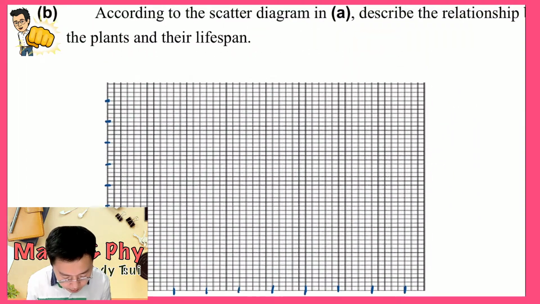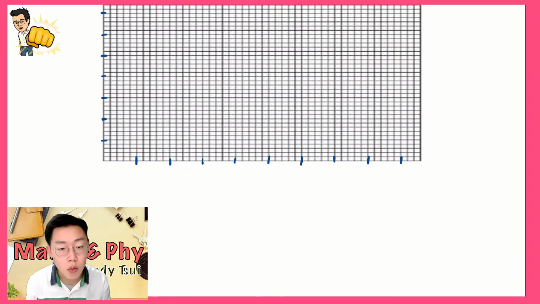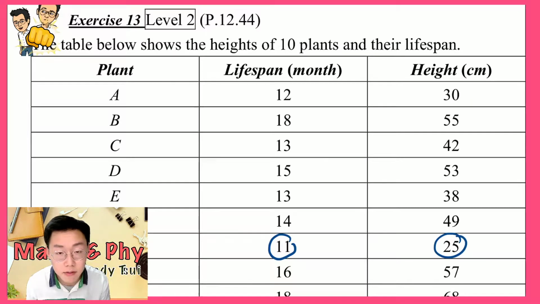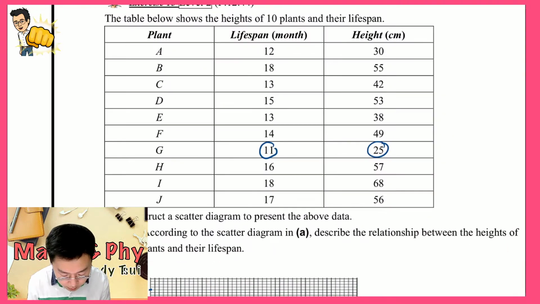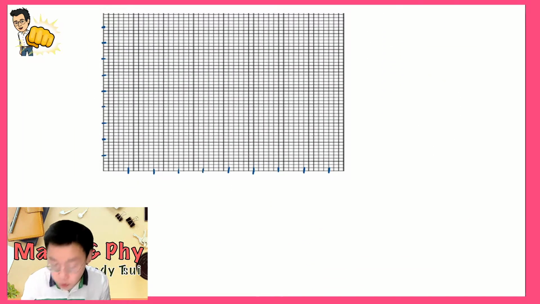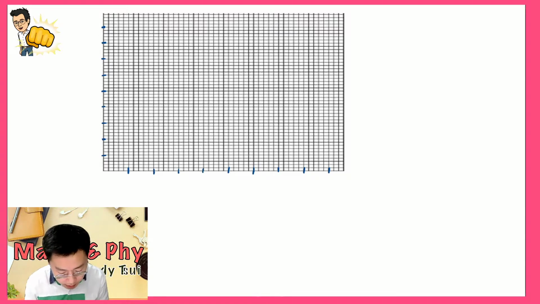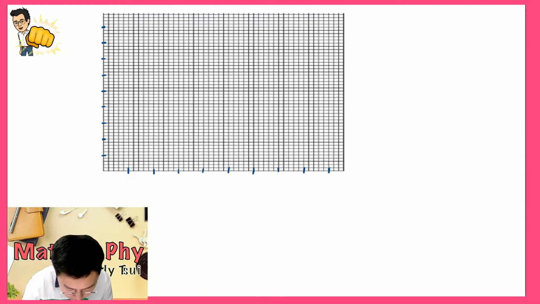For the horizontal line, I consider it as the lifespans. First of all, I try to use my ruler. Remember to bring your ruler. Then I draw one line segment.